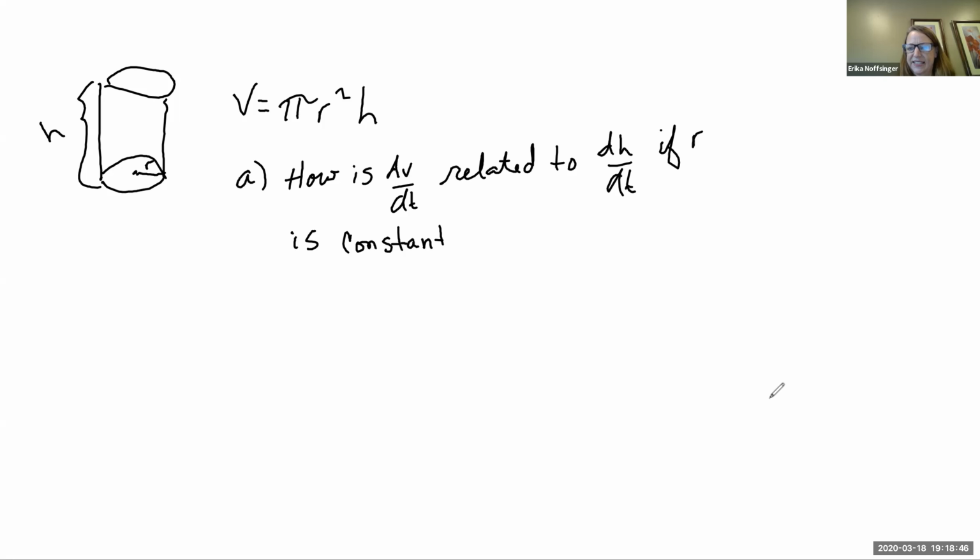So any ideas? Oops, I don't know what's going on. Sorry, something's popping up on my computer. Let me make sure I have enough battery.